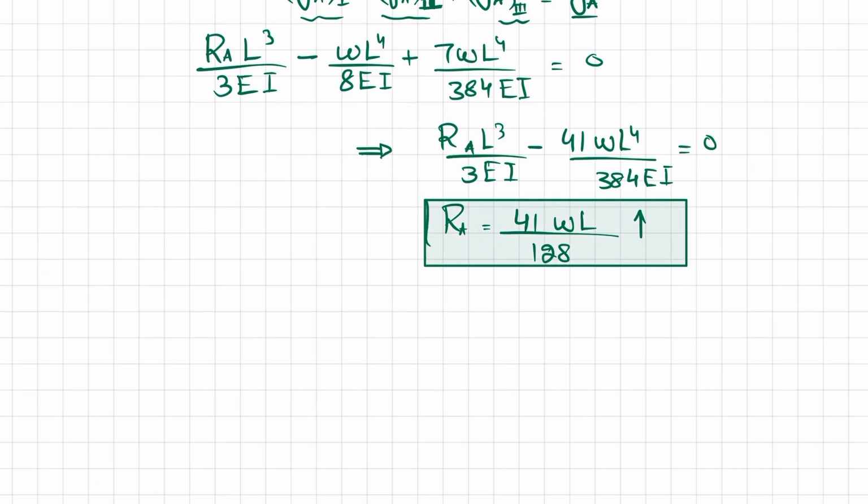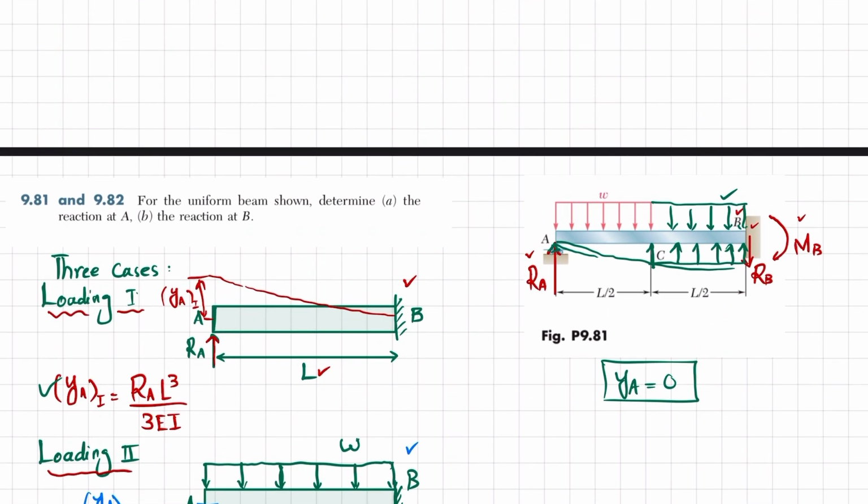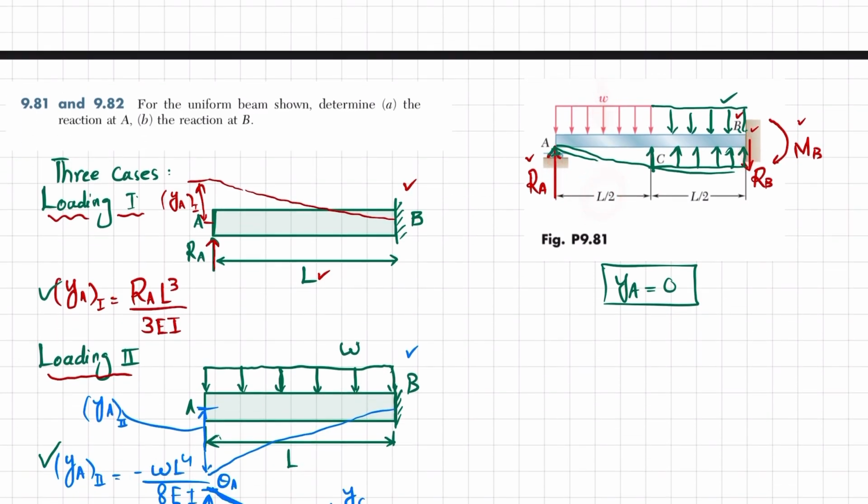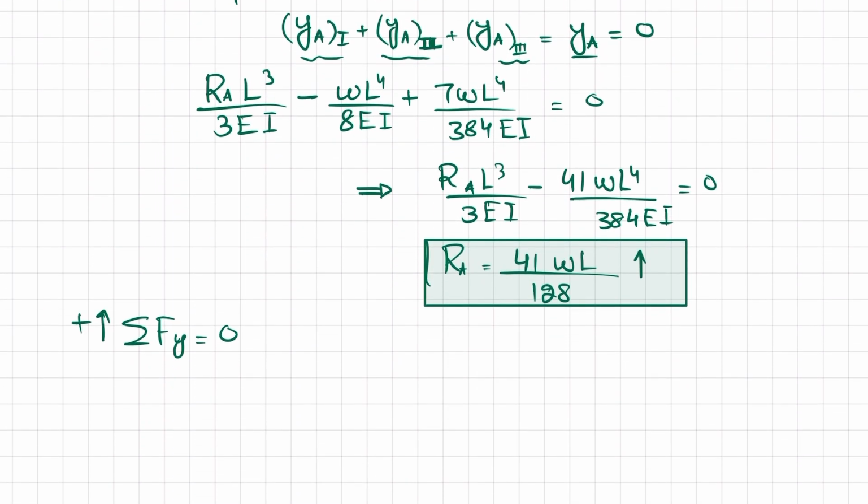Now we will find RB. So RB can be found by using equilibrium conditions. Sum of all forces, upward is taken as positive. So we know that there are three forces acting. One is RA, the second is W into L by 2, which will be acting downward, and third one is RB. Their sum must be equal to 0. So I will write it.